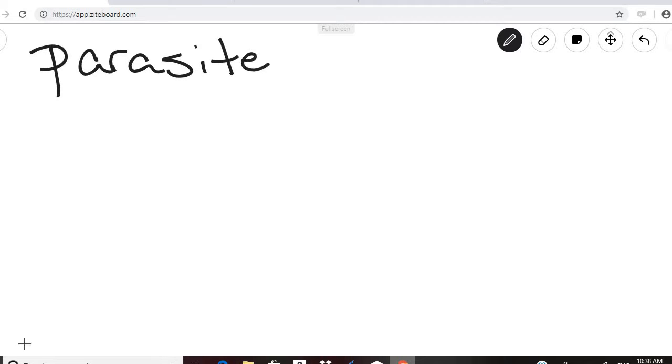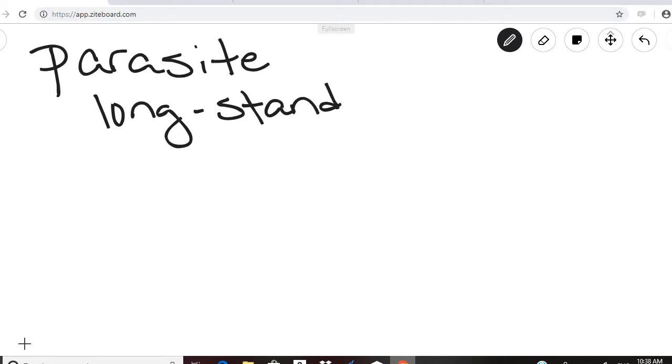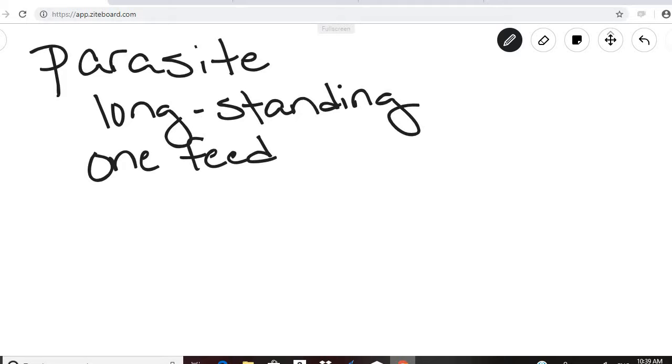Another example of a relationship between organisms that we've already looked at is a parasite. So I won't say a lot about that. Usually a parasitic relationship is long-standing. So it's not something that happens for just a short period of time. And in a parasitic relationship, one feeds on the other.